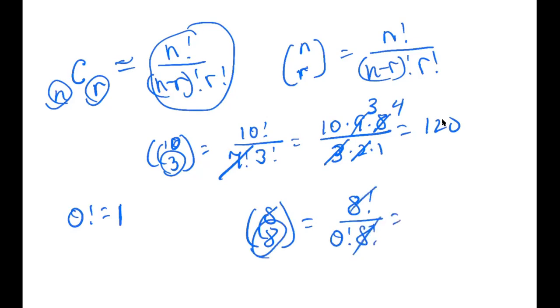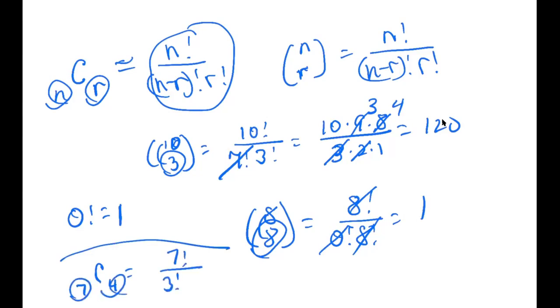That gives you 1. And so much like we define certain things for an operating system, 0 factorial is defined to be 1. Also, it could be written like this. That notation is 7 factorial, 3 factorial, and then repeat the 4 factorial and figure that out. Great examples in your book.